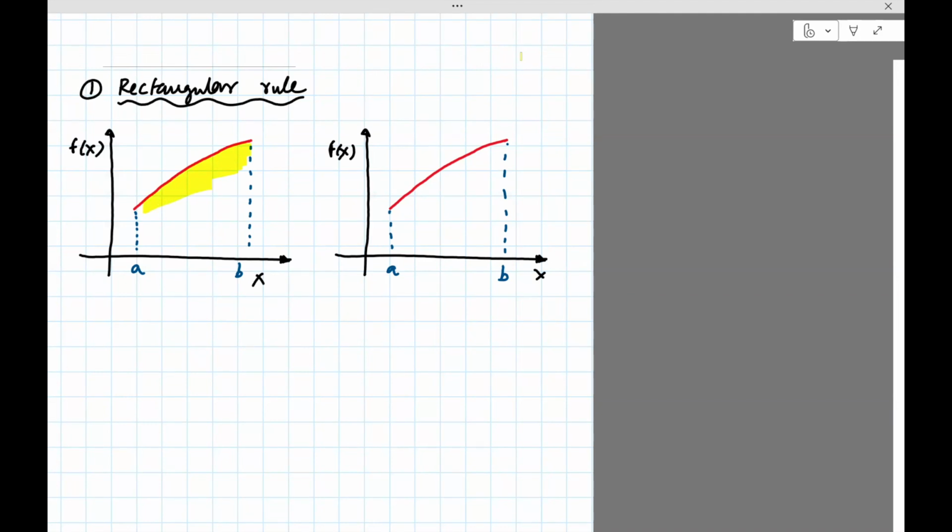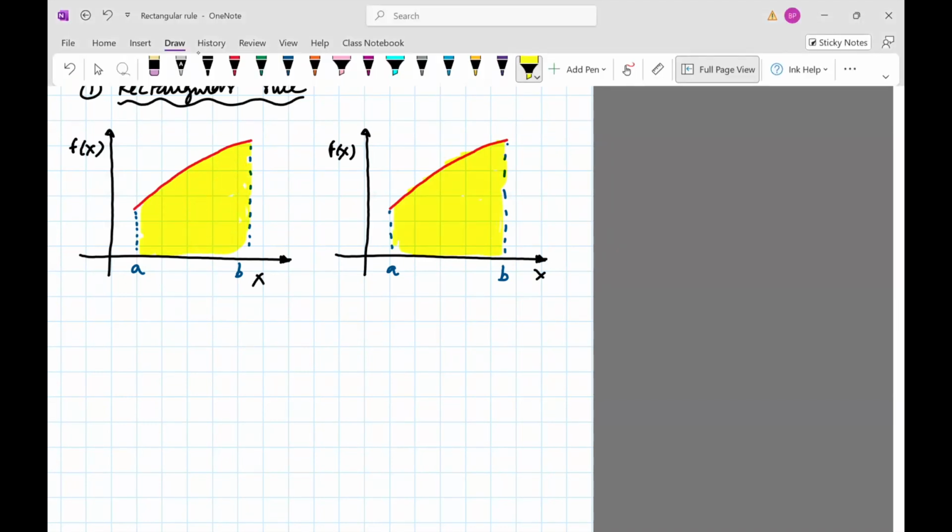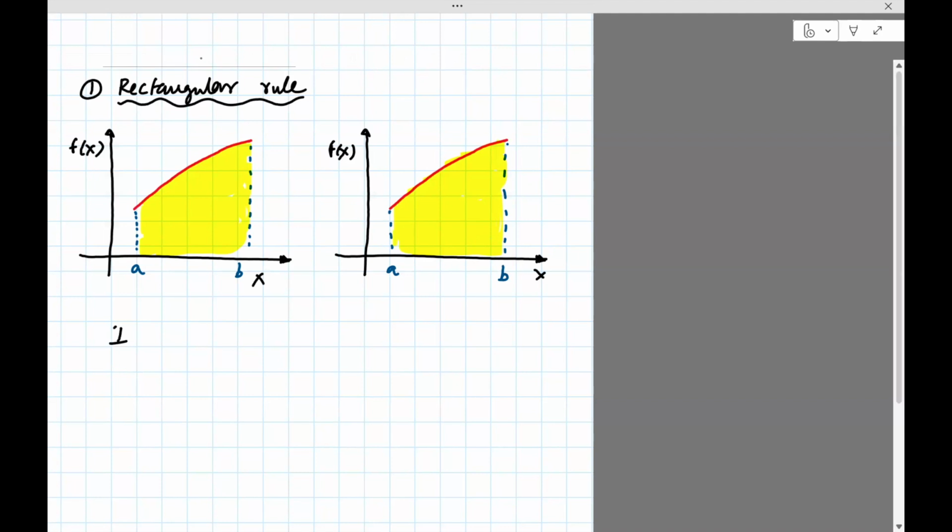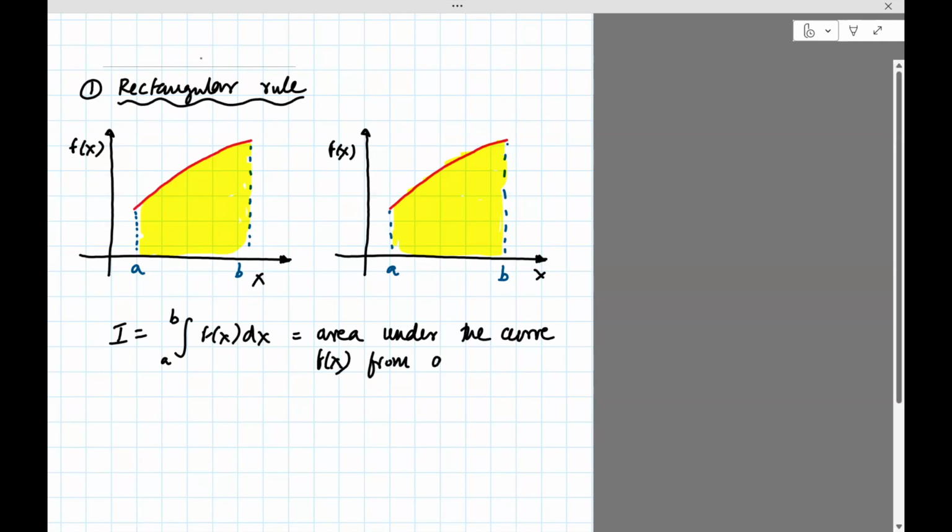That's the definition of the integral. So I equals the integral from a to b of f of x dx equals the area under the curve f of x from a to b.